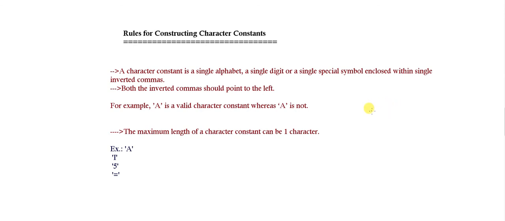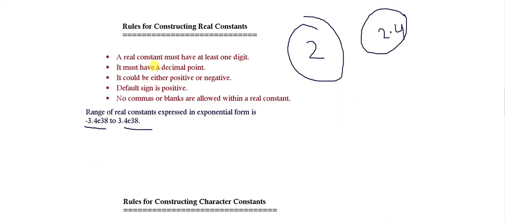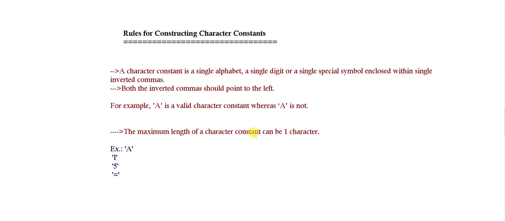For example, an integer constant could be a number from minus 32,768 to 32,767. A real constant could be a number in a very big range. But a character constant value could be one character.